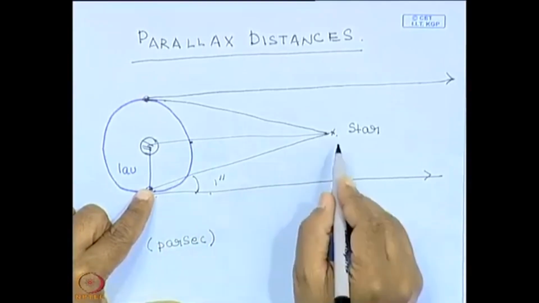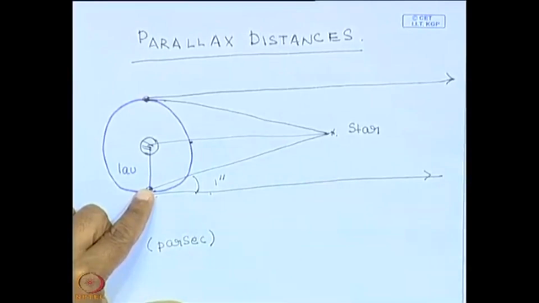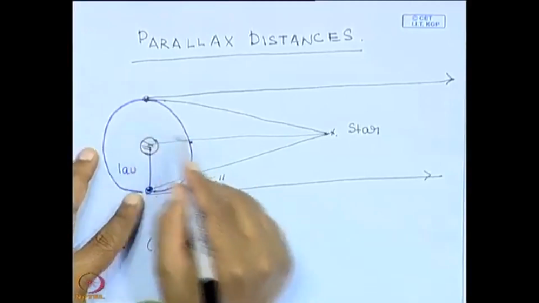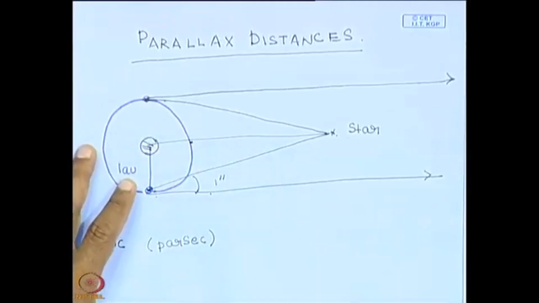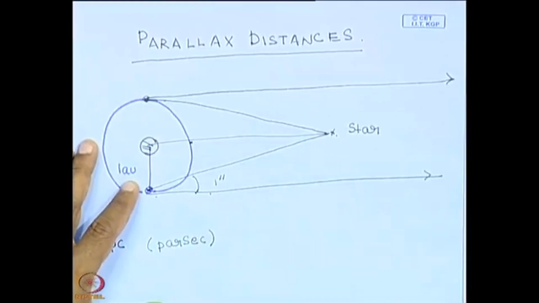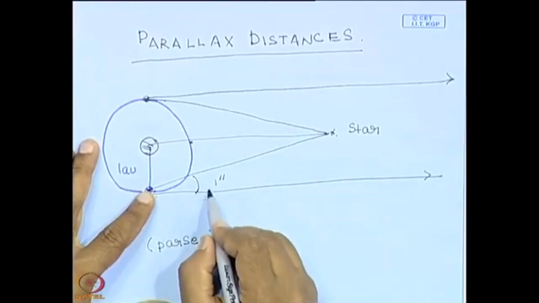So, for a star at such a distance, I have to wait for 6 months and again measure the angular position of the star. If it has changed by 2 arc seconds, then I would know that this angle is 1 arc second.